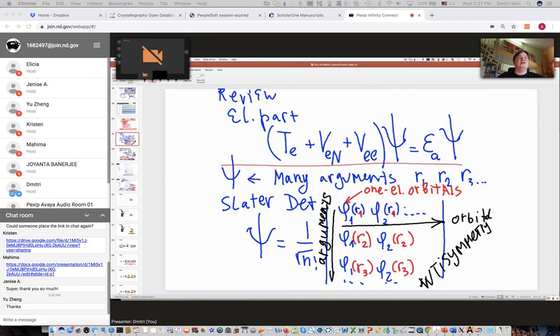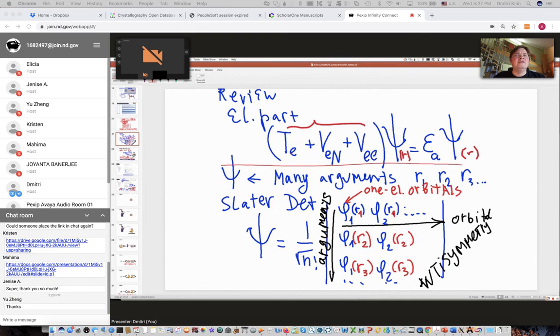For electronic degrees of freedom, we are solving the time-independent Schrödinger equation, with the total energy of all interactions related to electrons stored in this Hamiltonian operator: kinetic energy of electrons, potential repulsion of electrons, and attraction of electrons to nuclei.